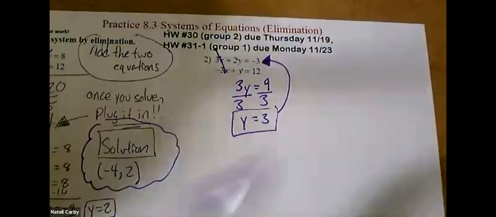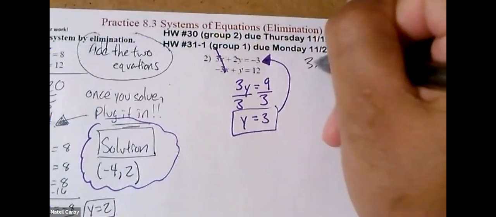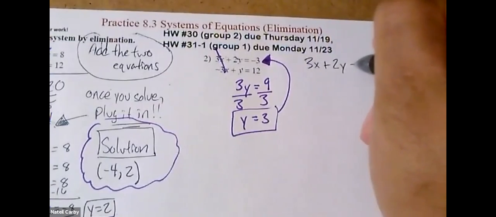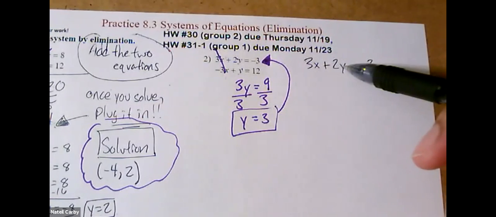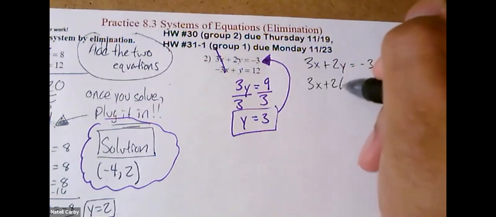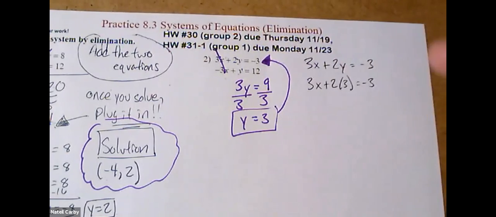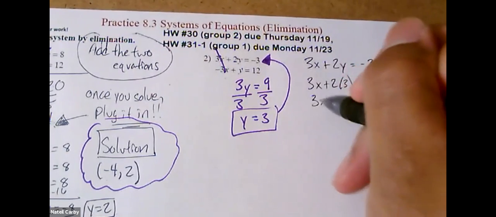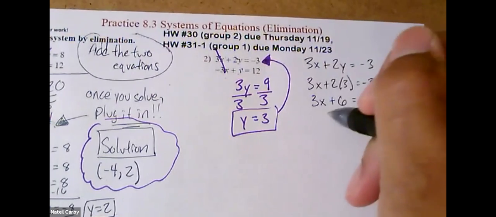So let me rewrite it. I got 3x plus 2y equals negative 3. Again, instead of y, I'm going to write positive 3. So 3x plus 2 times 3 equals negative 3. 3x plus, what is that? 6 equals negative 3.